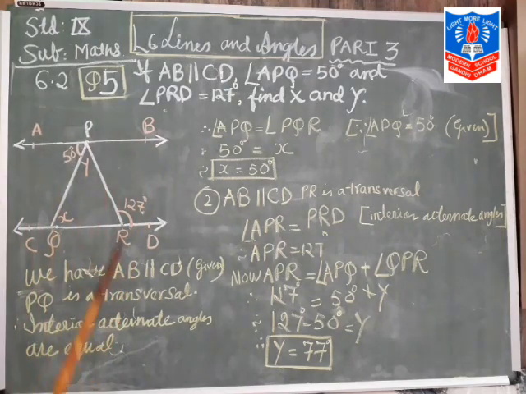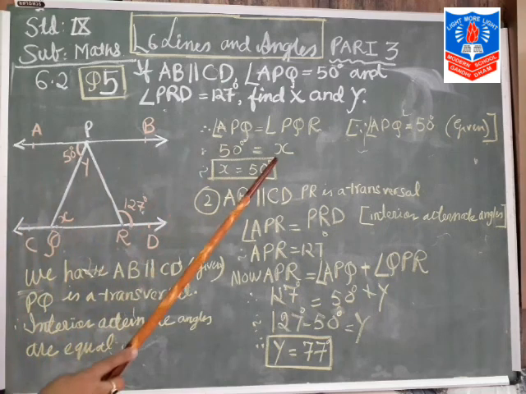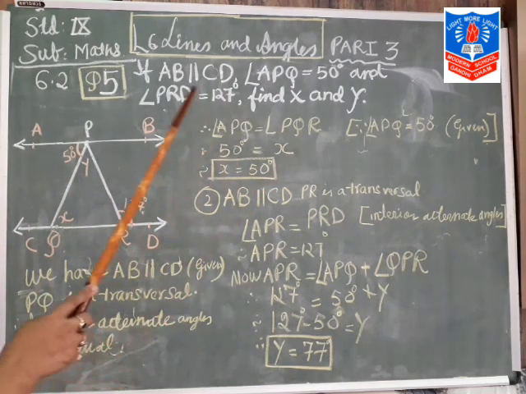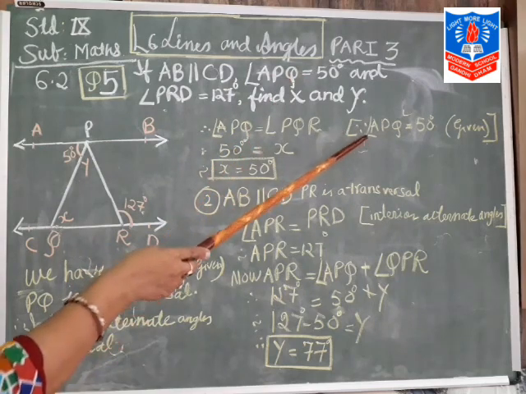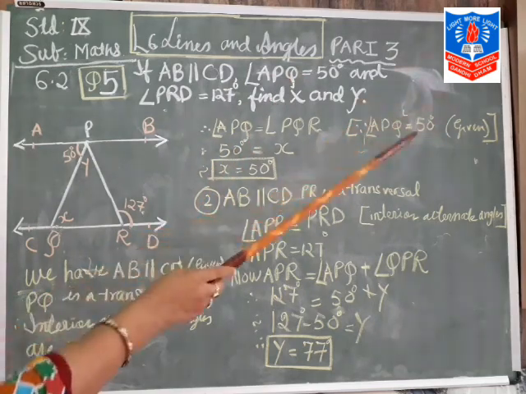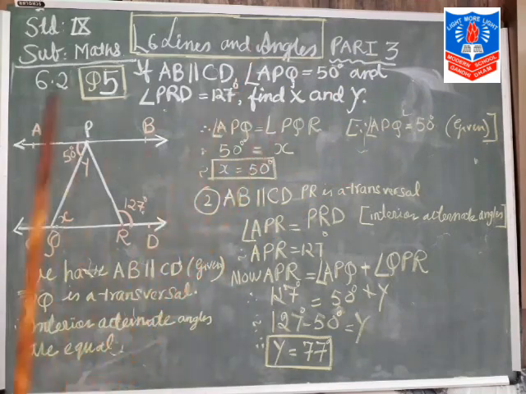Question is clear? We have AB parallel to CD, PQ is a transversal. Interior alternate angles are equal. APQ and PQR: PQR is X and APQ is 50 given. So X equals 50.